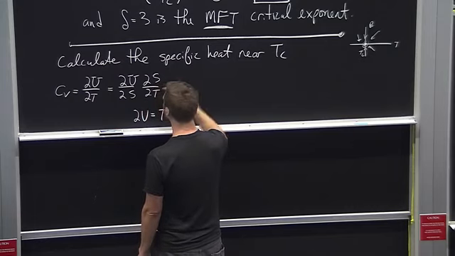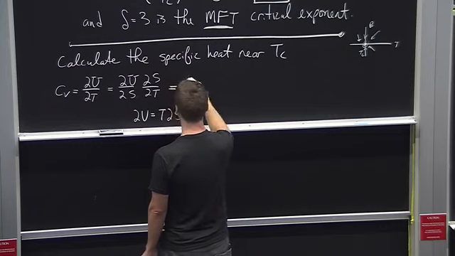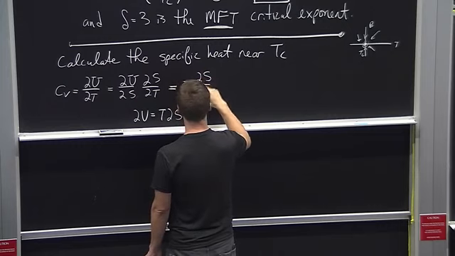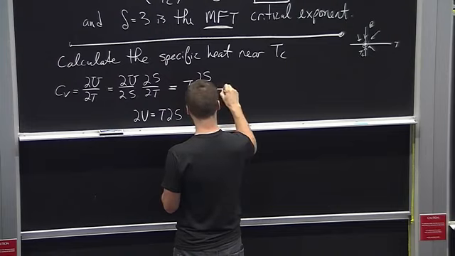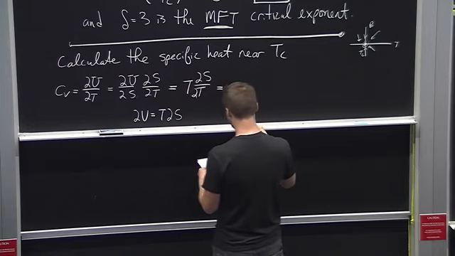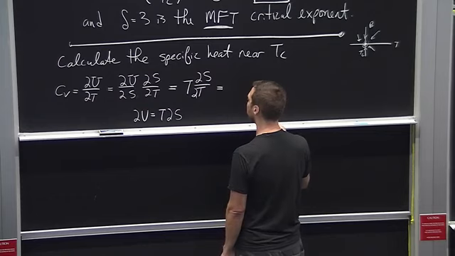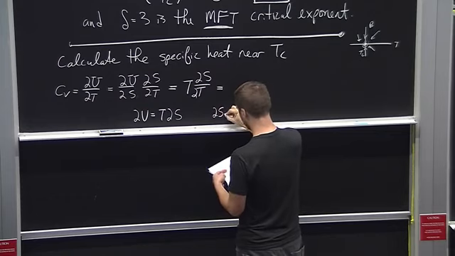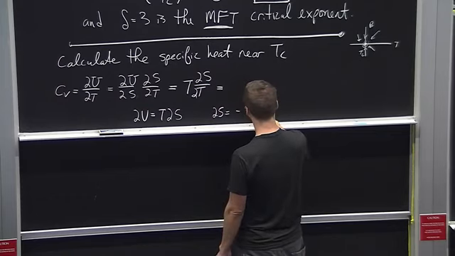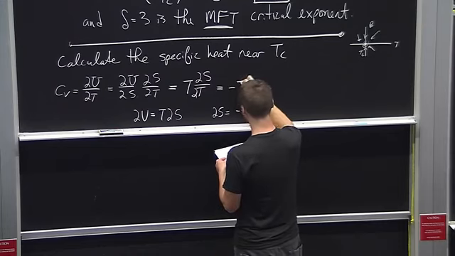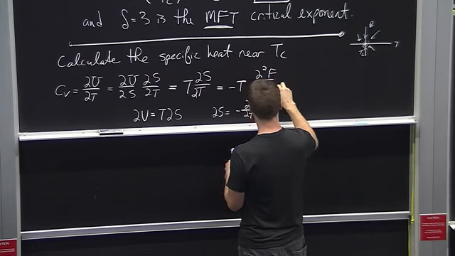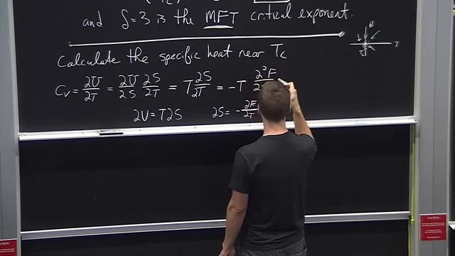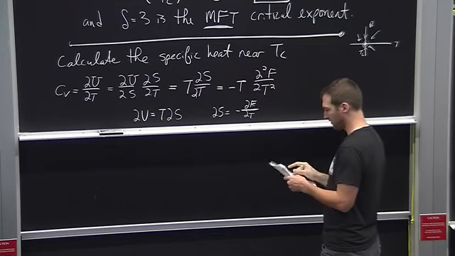So this will give me T dS/dT. And S is minus the partial of the free energy with respect to temperature. Sorry to derive this, I just want to make sure I get it right. So yeah, second derivative of the free energy with respect to T.